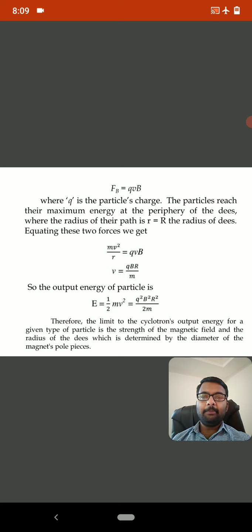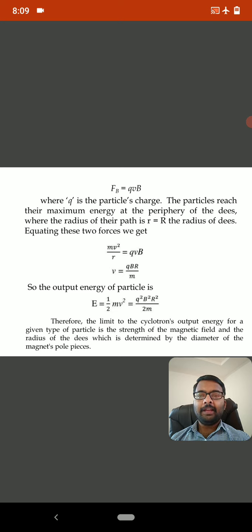Therefore, the limit to the cyclotron's output energy for a given type of particle is the strength of the magnetic field and the radius of the Ds, which is determined by the diameter of the magnet's 2 pieces.